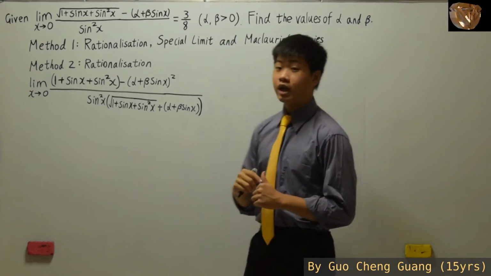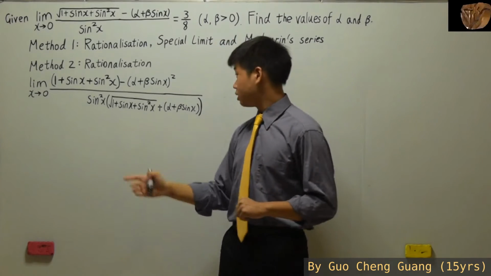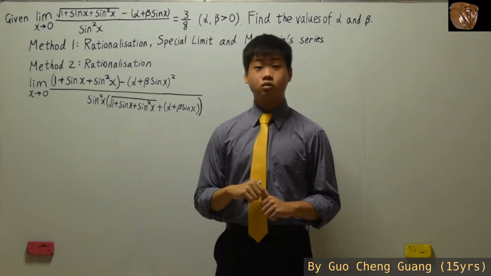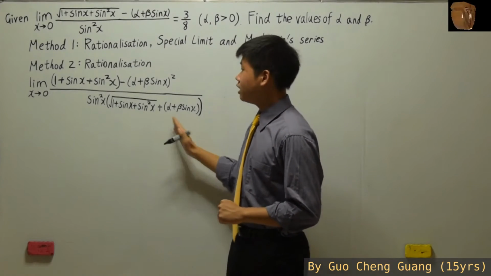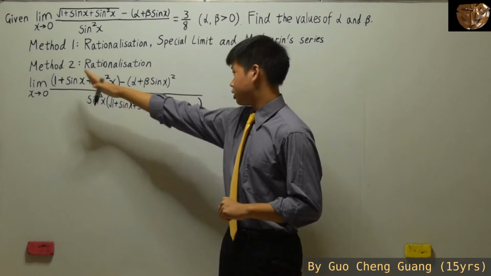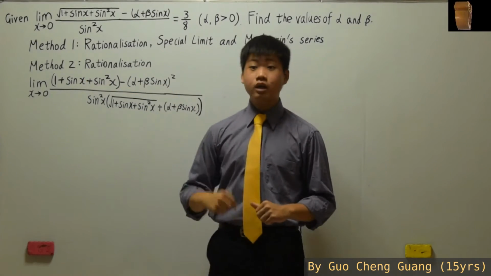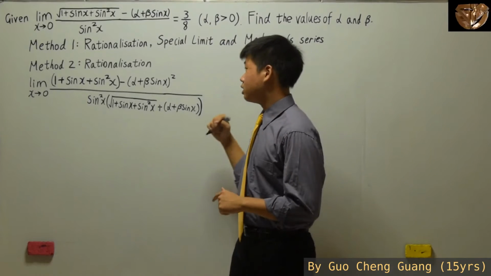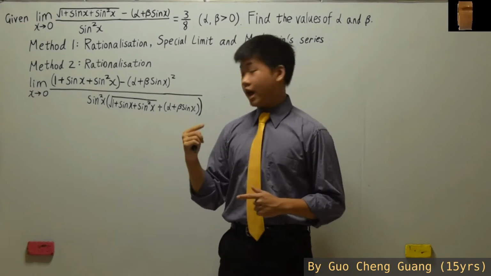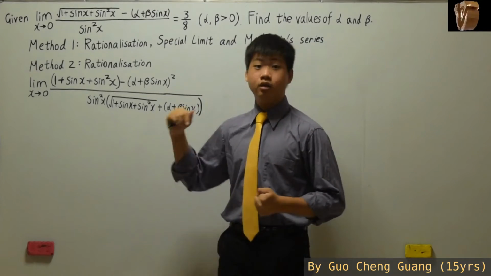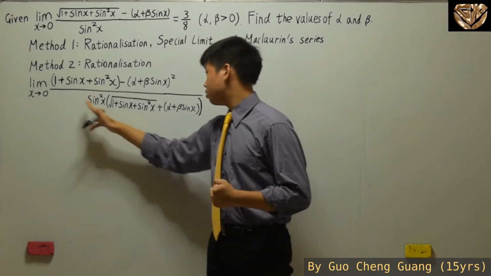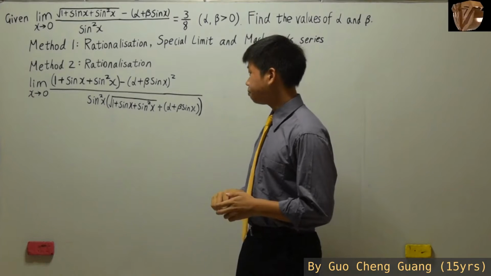Since alpha has to be greater than 0, it means 1 plus alpha cannot be 0. So it does exist. And since it exists and is multiplied onto the fraction, and it is not equal to 0, you can directly substitute x into the latter part.